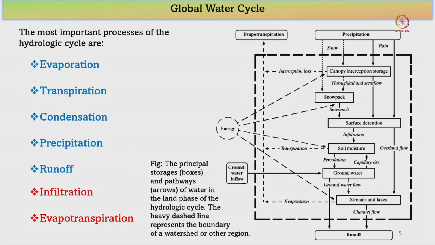And infiltration and evapotranspiration are two more important processes that you may not have heard of in previous courses that you have taken. Infiltration, what is infiltration? The amount of water that is moving through the soils and reaching the groundwater storage. Evapotranspiration, what is evapotranspiration?